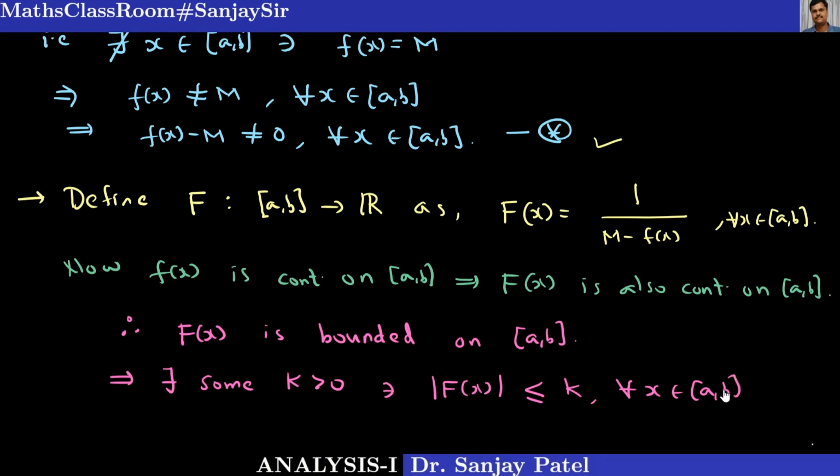You know that mod of F(x) is less than or equal to k for every x in [a, b]. We can also write, in the equivalent form, minus k less than or equal to F(x) less than or equal to plus k.